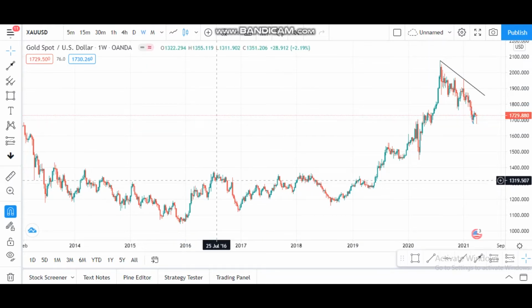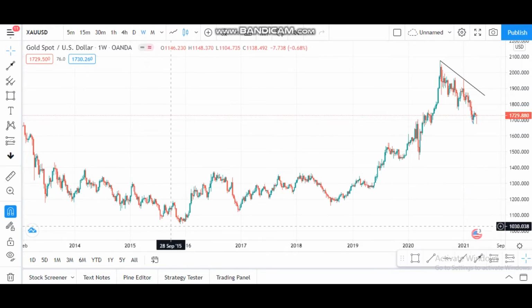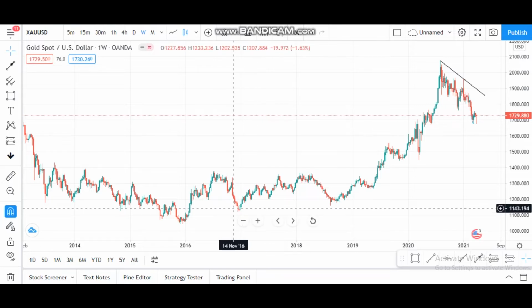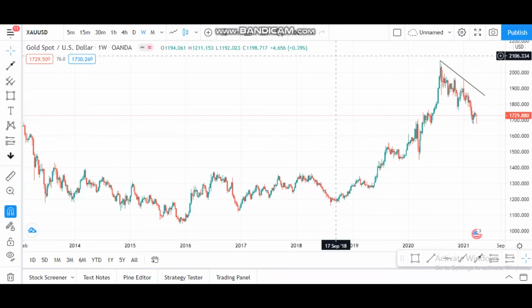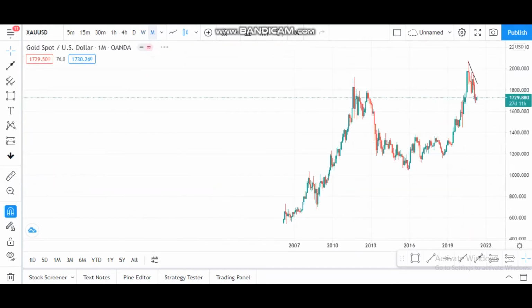We are having a bullish trend from 2017. But if you can see the bigger picture that I've been seeing for the past months on gold, it's something else. Yes, it's a bullish trend, but we had a cup, an arc. You can call it an arc, you can call it a cup.